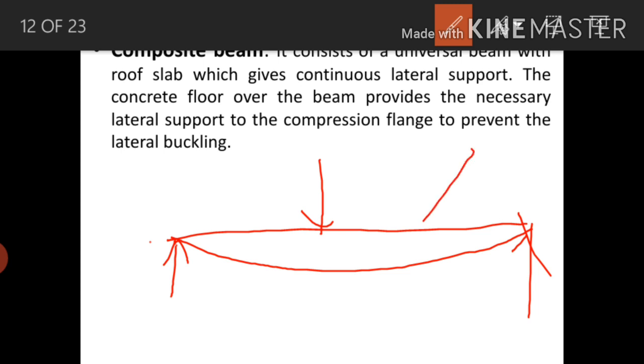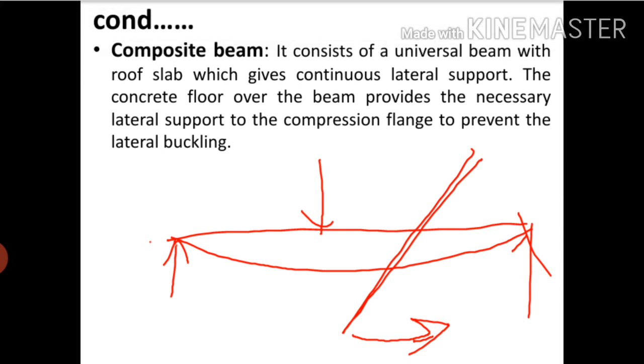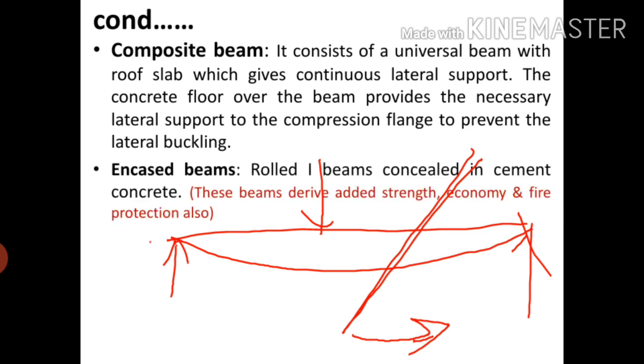Suppose the beam is deflecting sideways, that is lateral deflection. Then this is called lateral buckling.